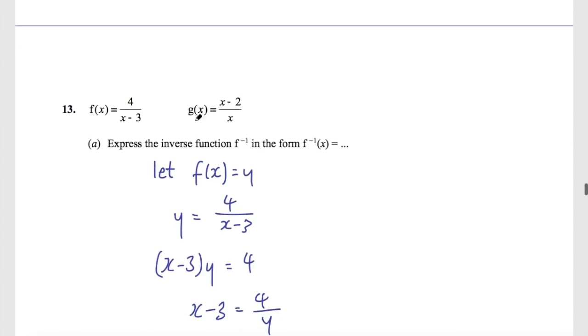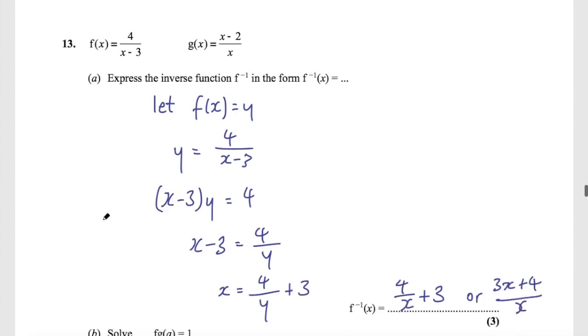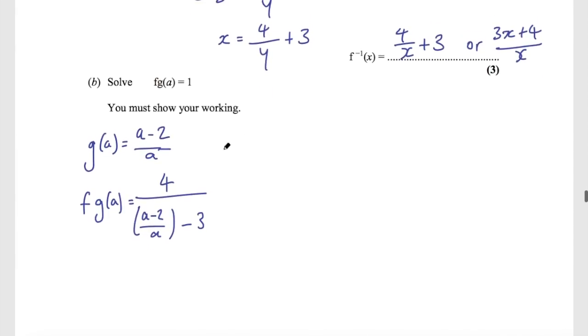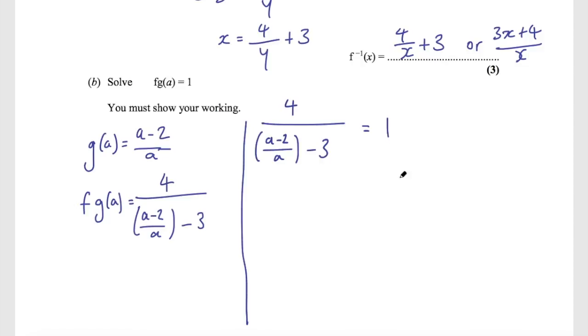So all I've done is taken that expression I got for g of a and put it into where x is in this equation. Okay, so now we have an expression for f of g of a, and f of g of a also equals 1. So we can take all of this and make it equal to 1. So we can say that 4 divided by a minus 2 on a minus 3 equals 1.